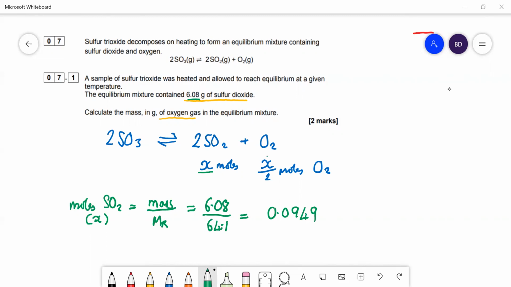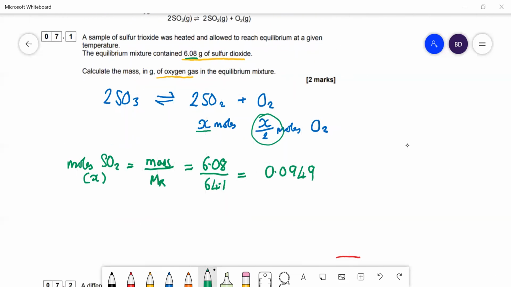So the moles of oxygen, we've got to divide that by 2. The moles of O2 is equal to 0.0949 divided by 2, which is 0.0474. The question asks us to work out the mass of oxygen in grams in the equilibrium mixture.